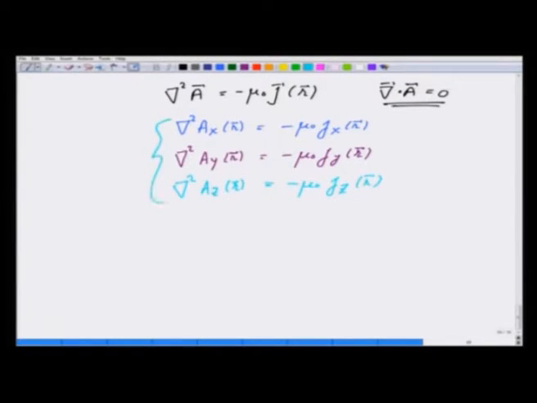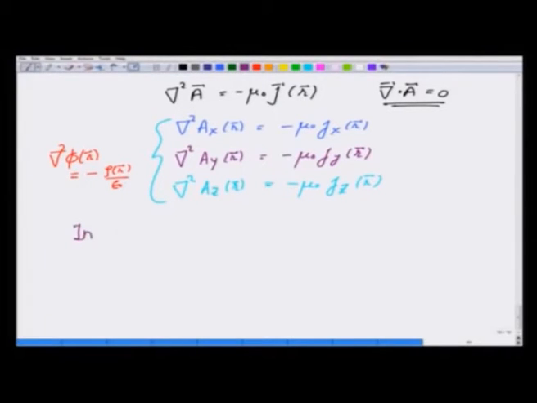All these three equations are absolutely similar to Poisson's equation, del square phi(r) is equal to minus rho(r) over epsilon 0. All we are doing is 1 over epsilon 0 is being replaced by mu 0 and rho is being replaced by J_x, phi is being replaced by A_x, and likewise y and z components. Therefore, the equation has the same solution or similar solution as for Poisson's equation.